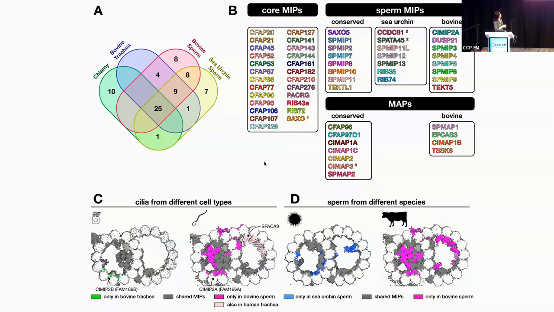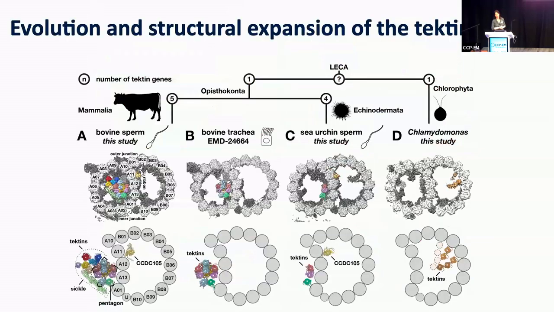And from this analysis, we could also look a bit at the evolution, perhaps, because we compared also to doublets from Chlamydomonas. Specifically, what we found is that the A tubule is full of a protein called tektin that forms filaments.